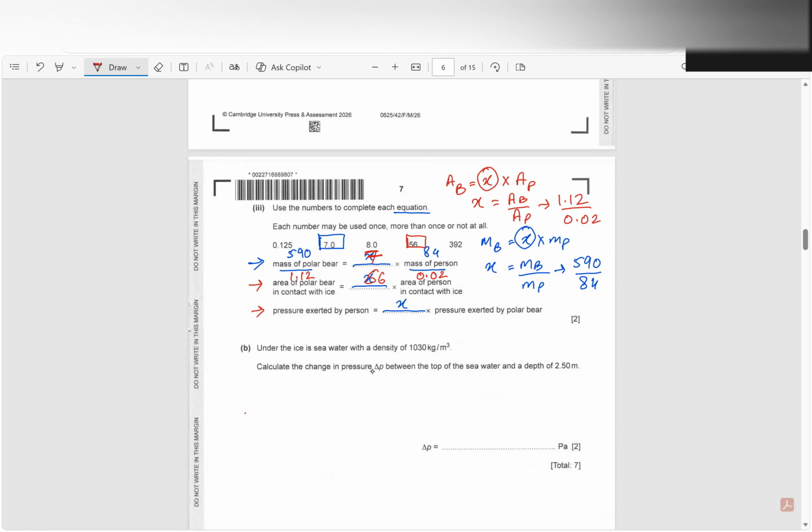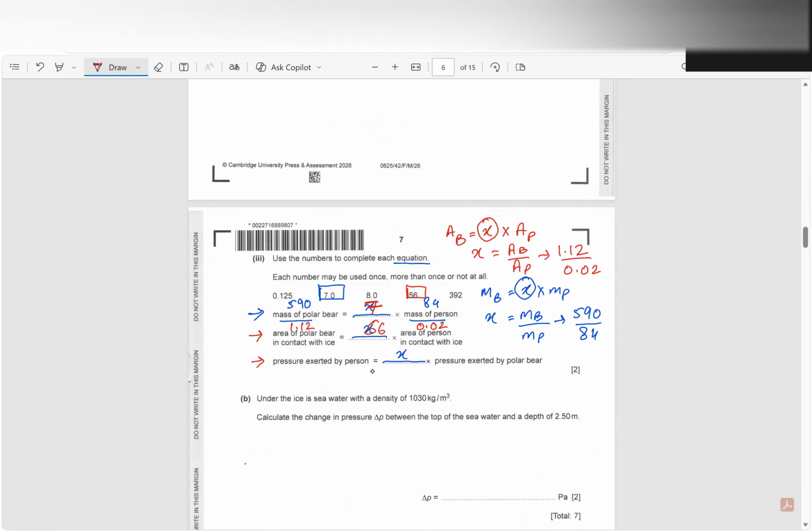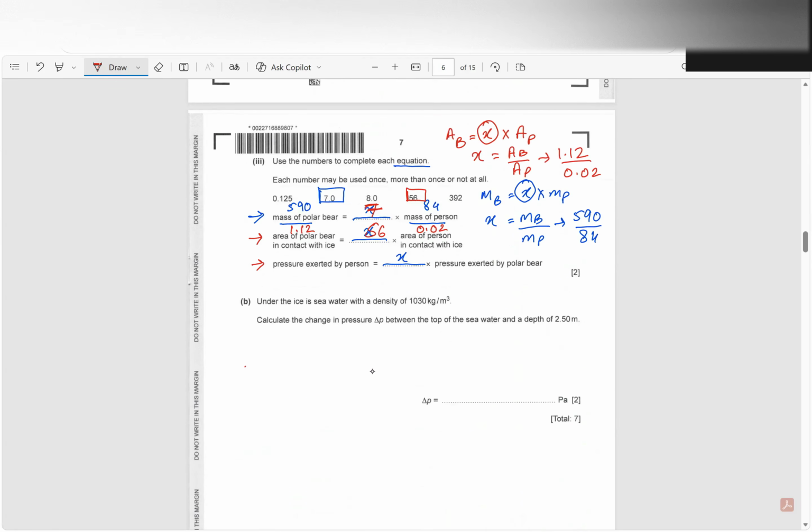The last one says that the pressure exerted by the person is equal to x times pressure exerted by polar bear. Pressure exerted by person is something we're not aware of. Remember, pressure exerted by polar bear we did find in one of the previous parts, the unrounded value: 5167.7 is the pressure exerted by polar bear.